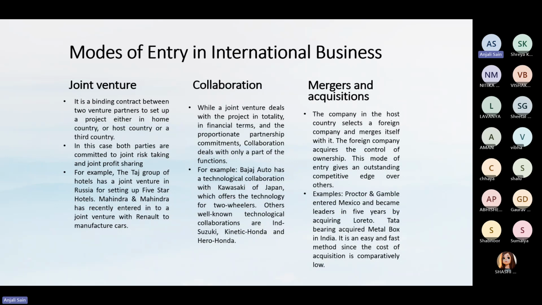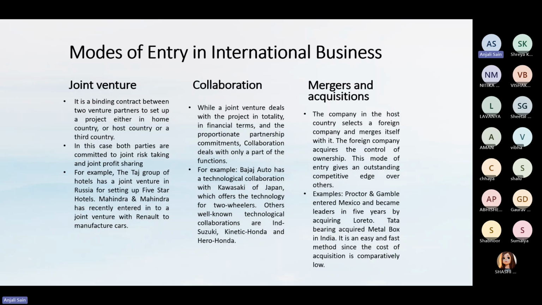That I'll merge my company with that company to have more economies of scale, ठीक है, and to have access to the foreign markets. Foreign company acquires the control of the ownership. This mode of entry gives an outstanding competitive edge over others. इस केस में क्या है? I'm not doing trade with the company in the other country. मैंने क्या किया है? उस company के साथ merge ही कर दिया.